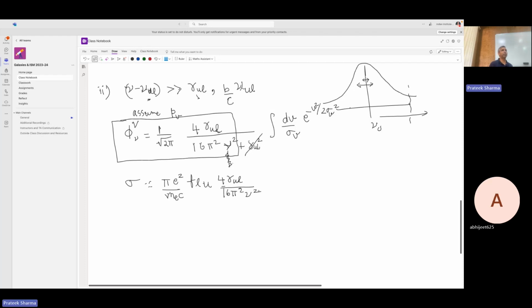This is your absorption coefficient as a function of frequency. See, the frequency dependence of the absorption coefficient was all in phi nu. Everything else was a prefactor. So the frequency dependence goes like this. This applies only in this limit, when the frequency is very high and you're very off the resonance and into the Lorentzian damping wings.